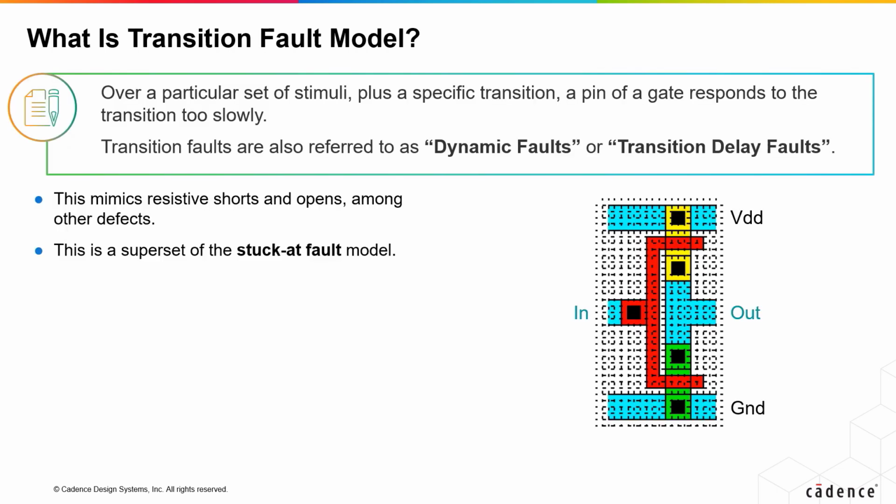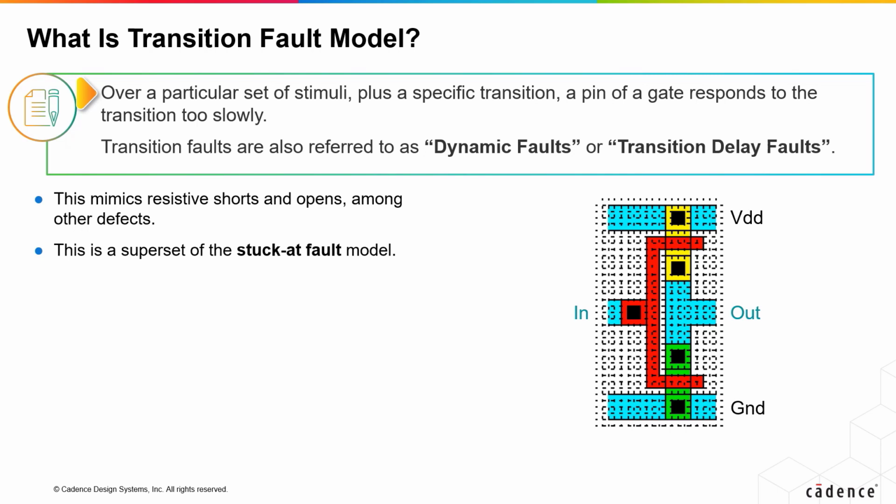A fault model that has been around for a while, but is coming into greater use as we move to smaller and smaller transistor dimensions, is the transition fault model. In this model, defects such as resistive shorts and opens are abstracted to their behavior. The signal toggles, but does so too slowly.